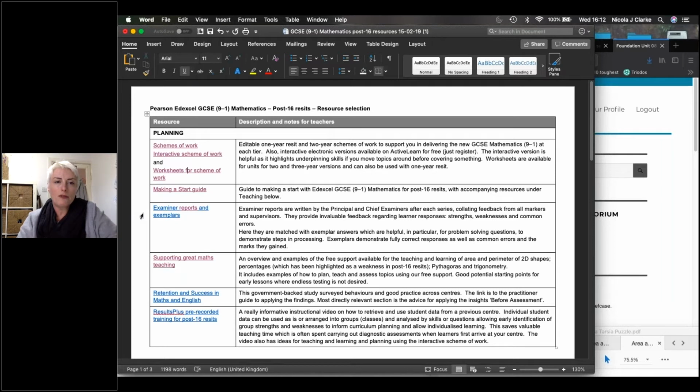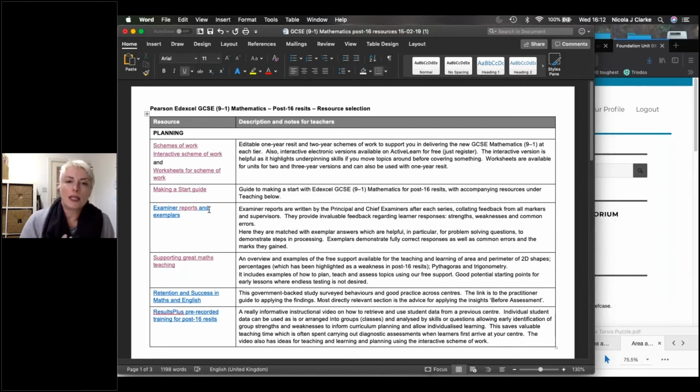In terms of planning, the examiner reports are one of the things that I think we're all really pushed for time, and I say it regularly: if you only get time to read one thing, I think the examiner reports are really helpful after an exam session.